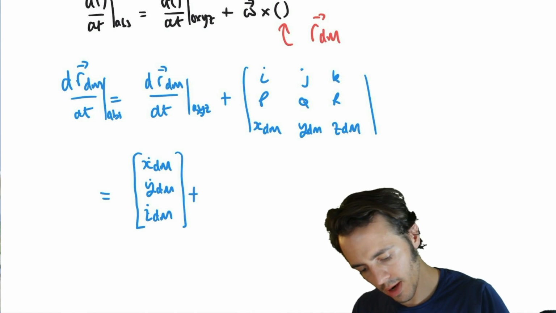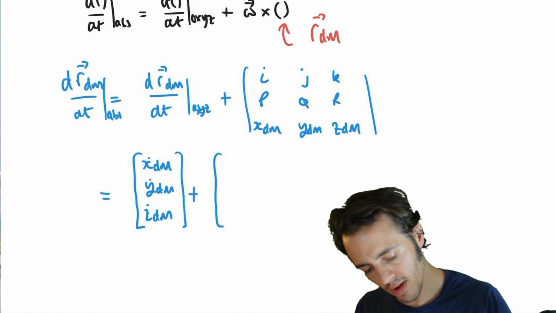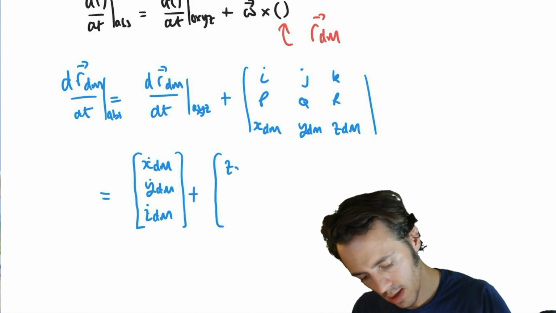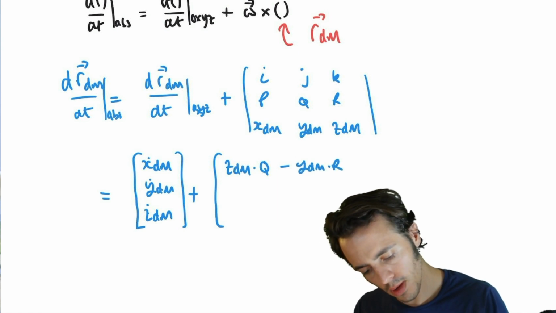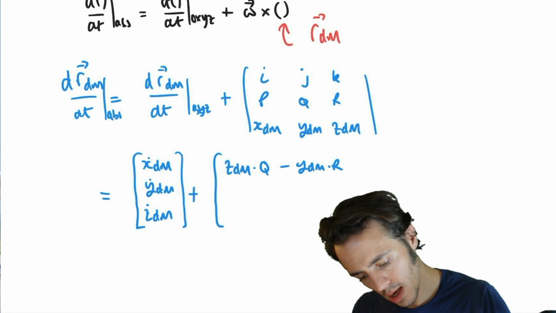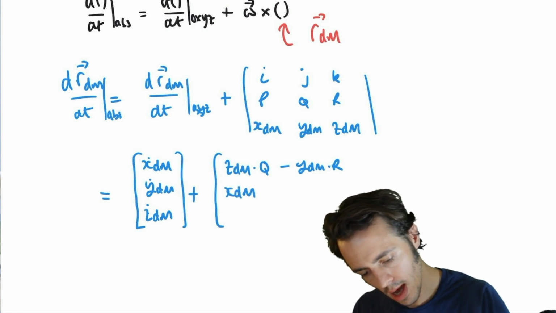And then the cross product, so we're going to have three parts. The first one's going to be z dm q minus y dm r. Second one's going to be x dm r minus z dm p.